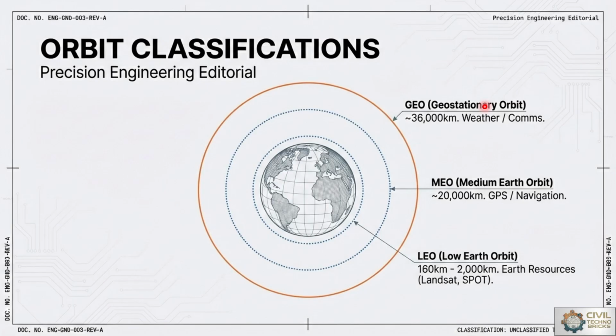The orbital characteristics determine revisit frequency, image resolution and coverage area, where the selection of a particular orbit depends on its objective and sensor requirements.